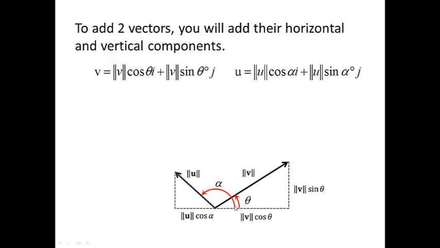You notice that both of these are measured from the 0 on my unit circle. That's the only way your calculator knows how to do this. Okay, so if they're given this angle in here, you can't use that. You have to subtract that from 180 and you get this angle over here. So, and then we have the vertical component would be the sine of alpha times the magnitude.